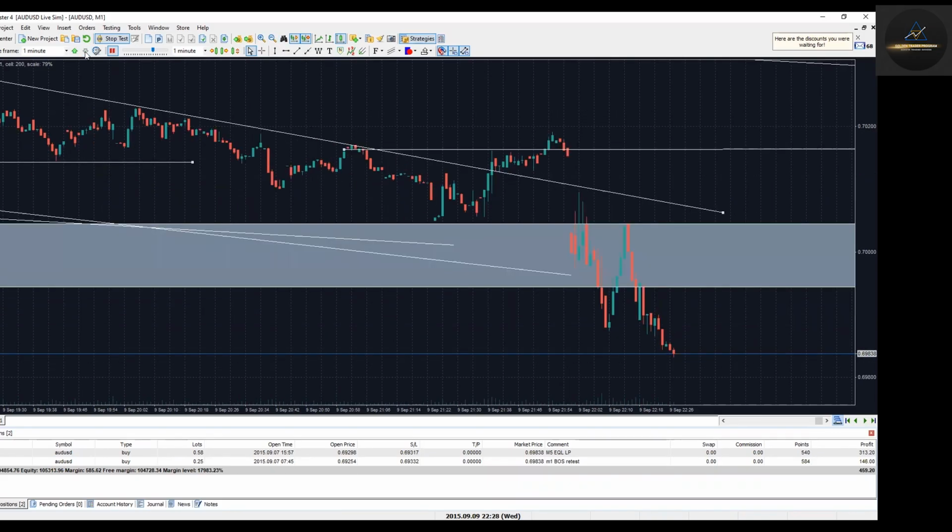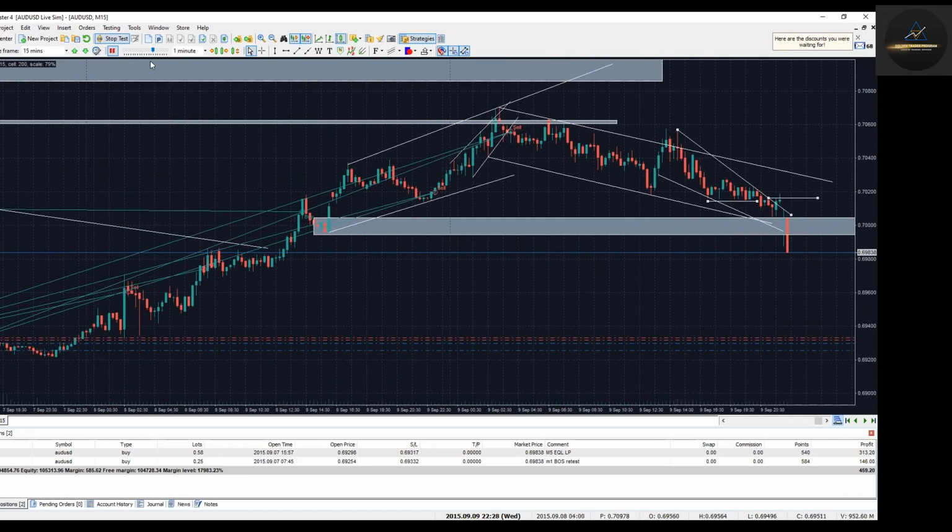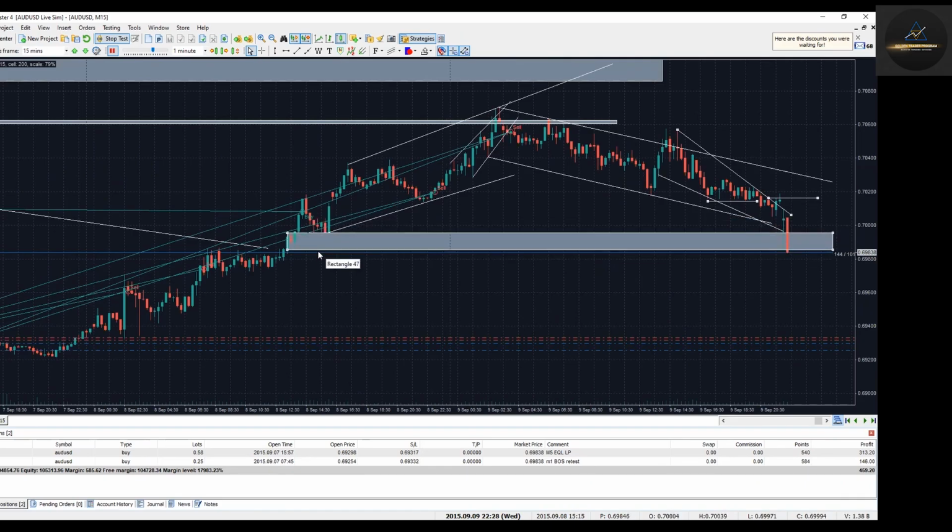Let's go back out onto the 15-minute, because there might be a bank level or a banker block that is actually still relevant. So could it be that price is reacting to this one? Is this the correct one? Is there an imbalance there?